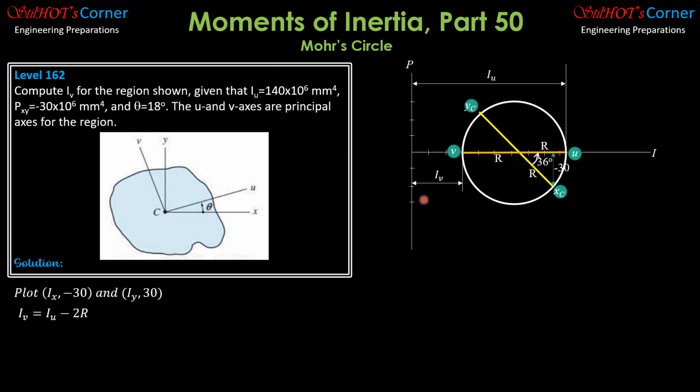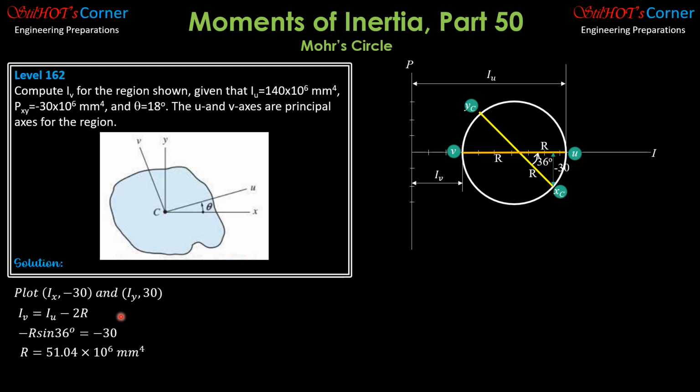To solve for R, since Pxy is negative 30 times 10 to the 6, in this right triangle it is equal to negative R, negative hypotenuse, sine of 36 degrees. So negative R sine of 36 degrees equals negative 30 times 10 to the 6, where 36 degrees is 2 times theta, 2 times 18 degrees. So R is equal to 51.04 times 10 to the 6 mm to the fourth.